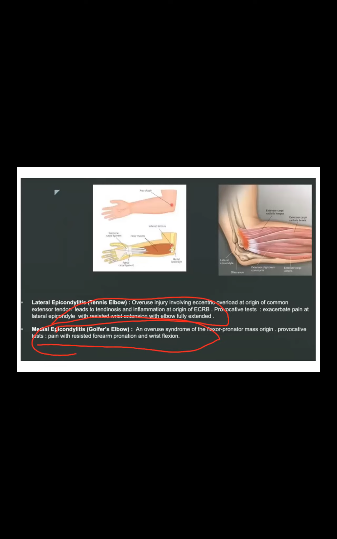Tennis elbow is when you want to extend your elbow fully or wrist against resistance. If I ask you to extend your wrist against my pressure and you feel pain, it's tennis elbow, and it is lateral epicondylitis. So see the scenario I'm giving.